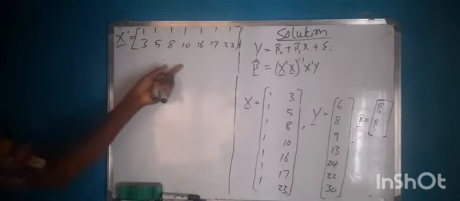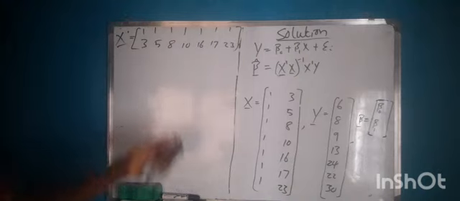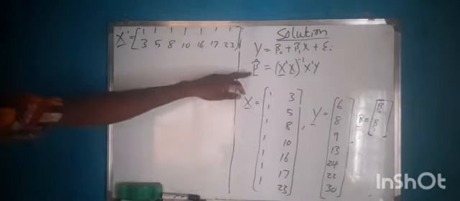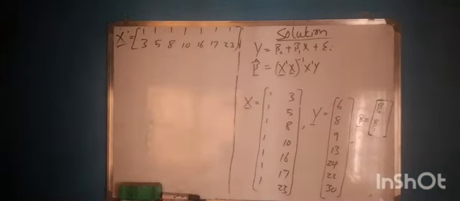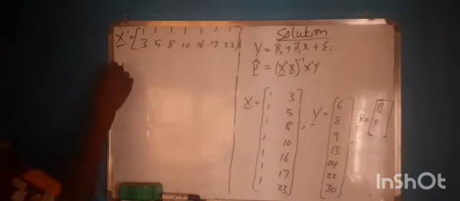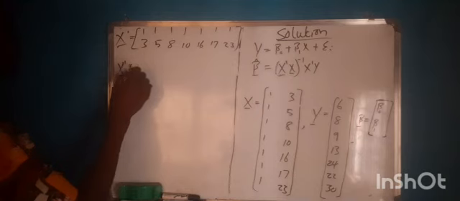This is X transpose, and from the formula we have beta cap equals X transpose X inverse. So we first of all obtain X transpose X.